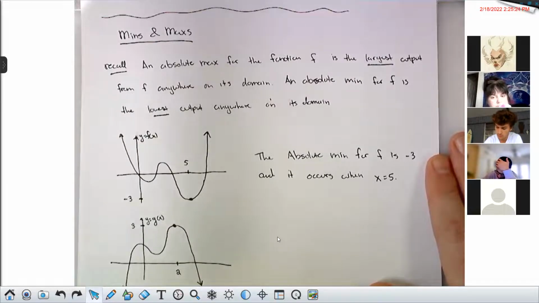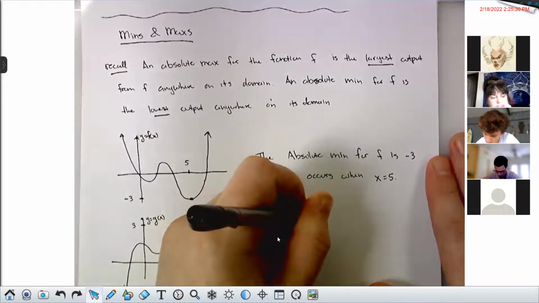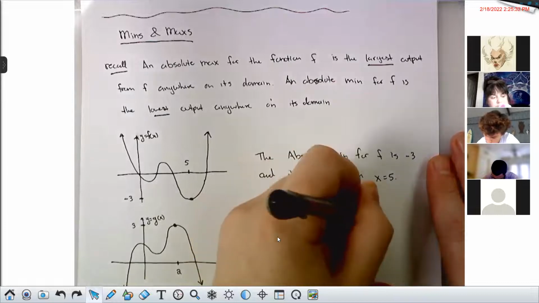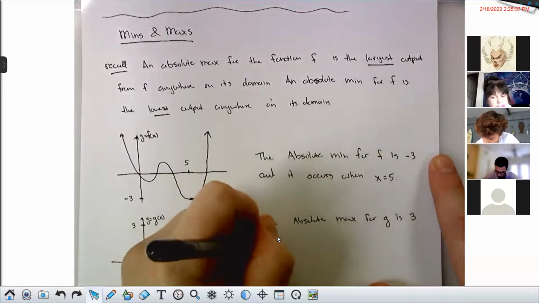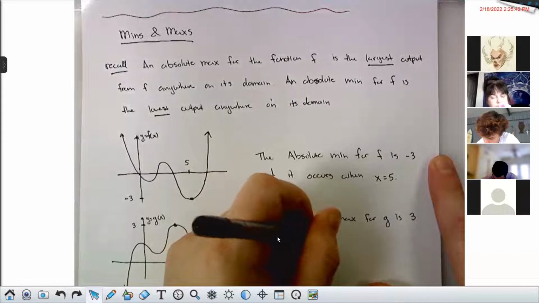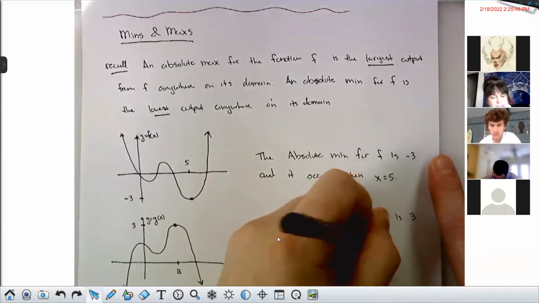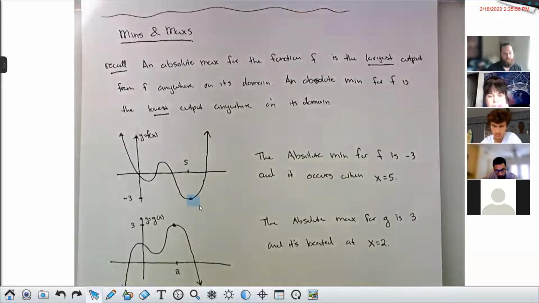The absolute max for g is 3, and it's located at x equals 2. So just that language can be an important thing or a bit of a barrier, right? It's often tempting to just report the ordered pair and say this is the absolute min, like -3, 5, or 2, 3 is the absolute max.